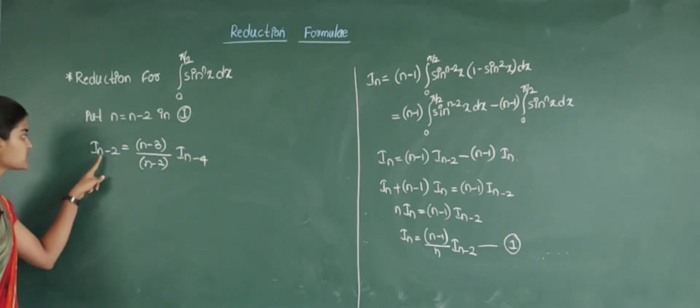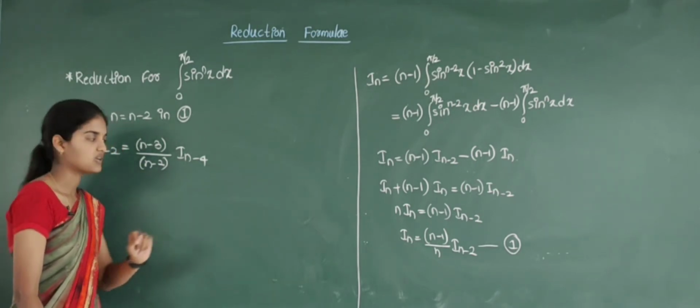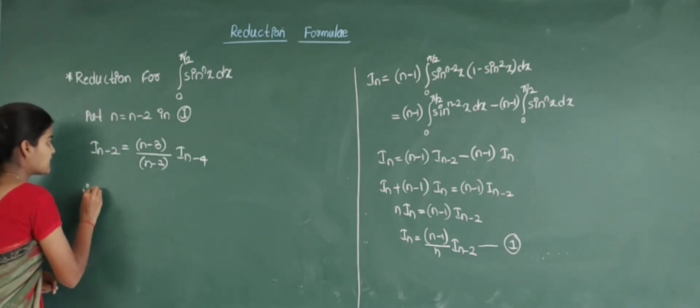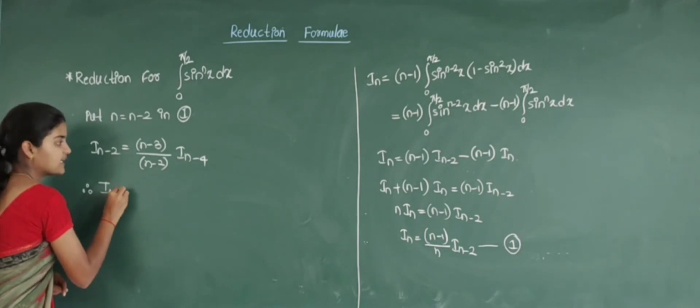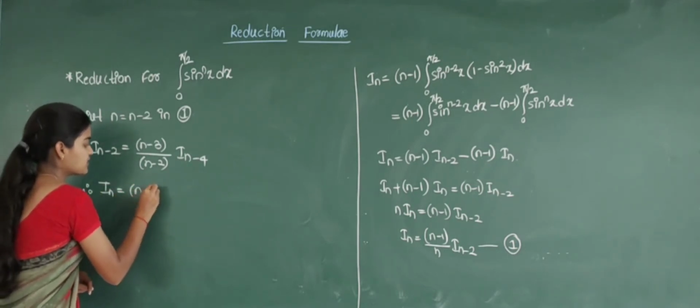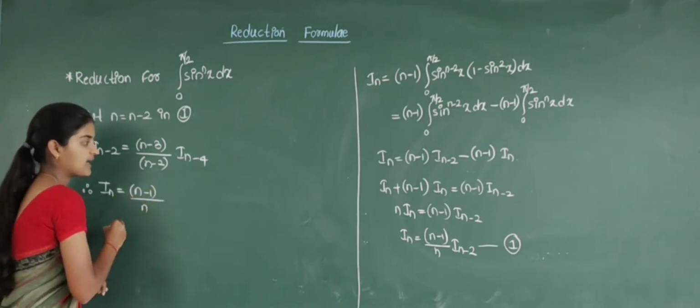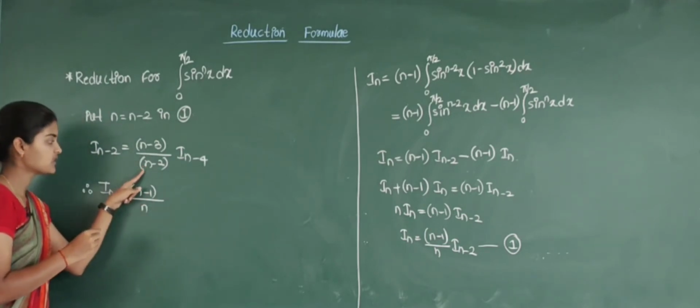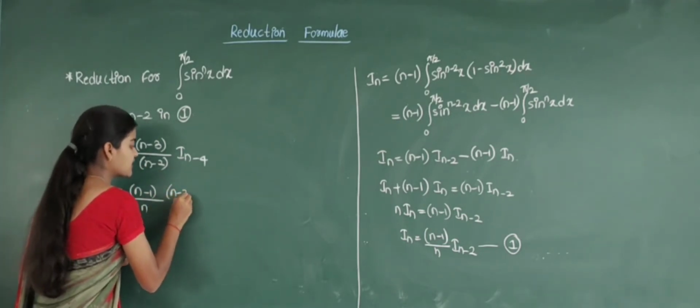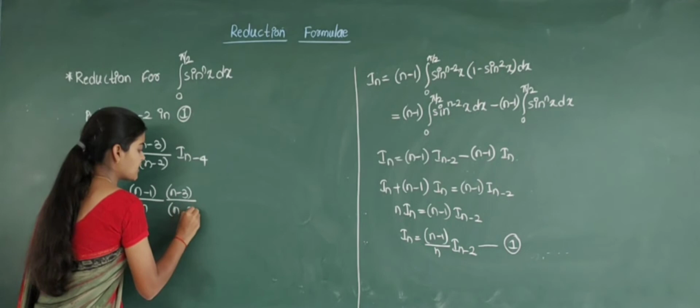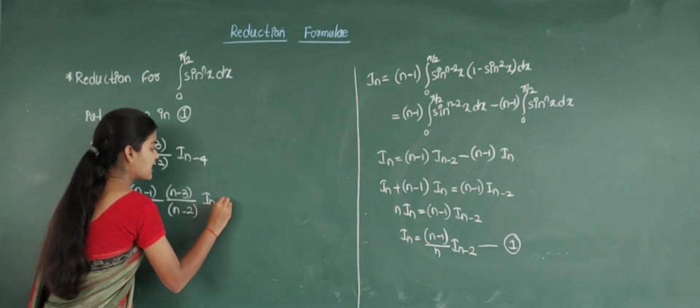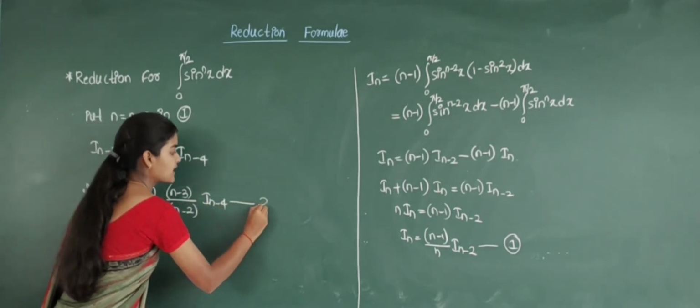Now we will substitute this I_(n minus 2) value in equation number 1. Therefore I_n is equal to (n minus 1) divided by n, and I_(n minus 2) value is this one, writing that (n minus 3) divided by (n minus 2) into I_(n minus 4).